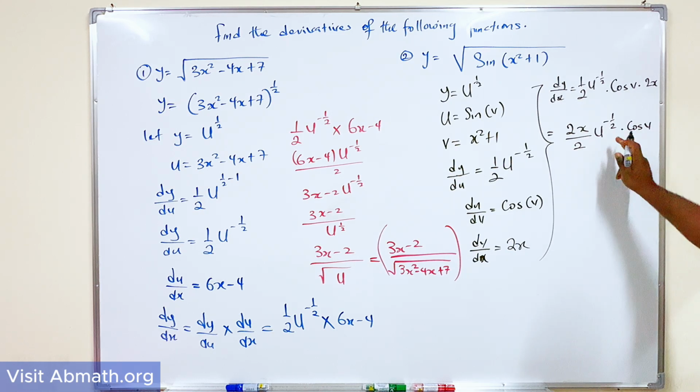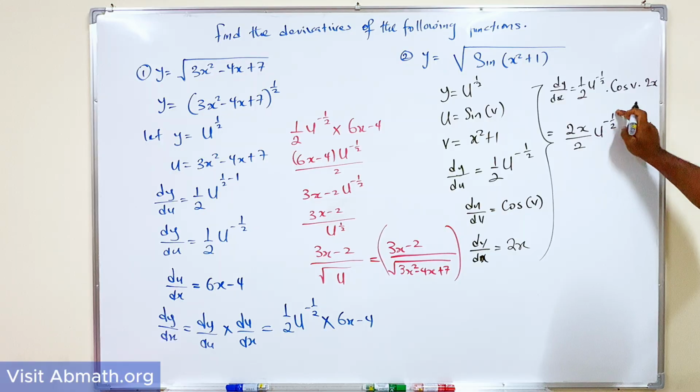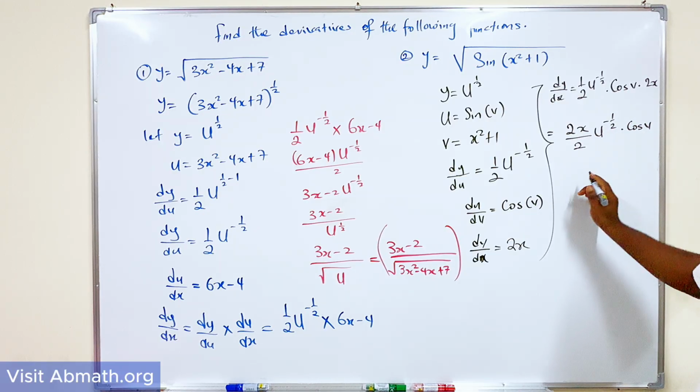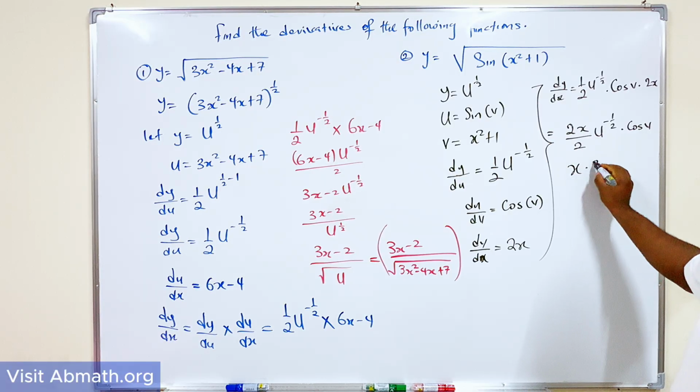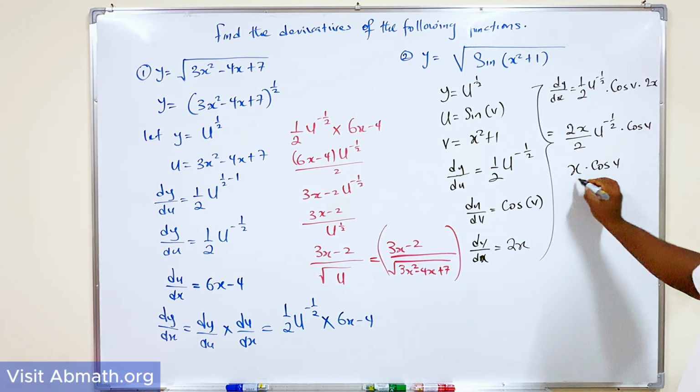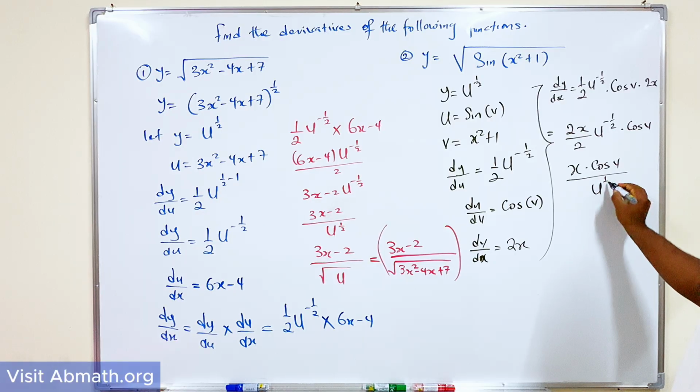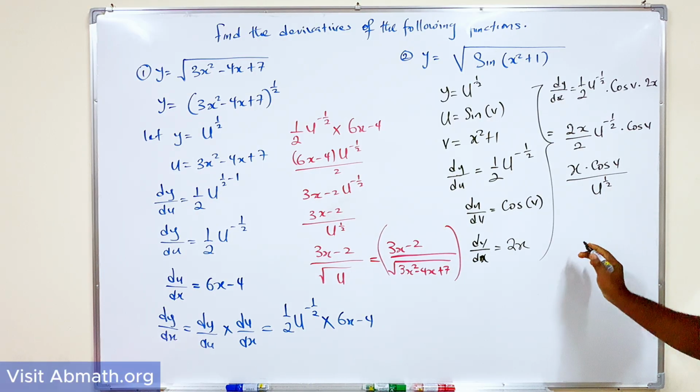Remember, this is raised to power negative 1 over 2, so this will come to the denominator. And 2 will cancel 2. So you now have x multiplied by cos v over u raised to power 1 over 2.